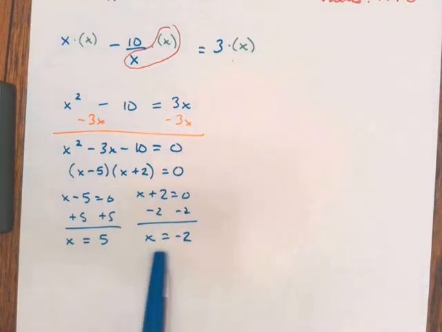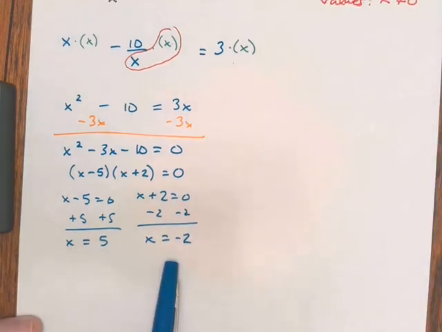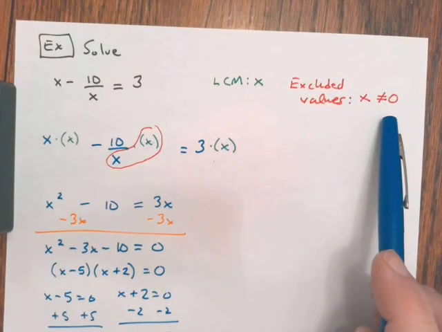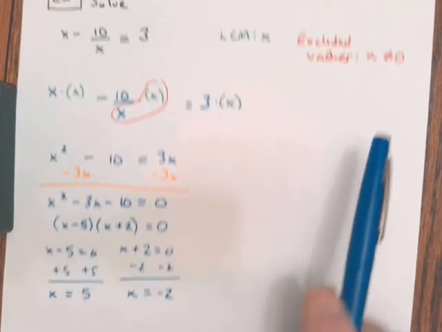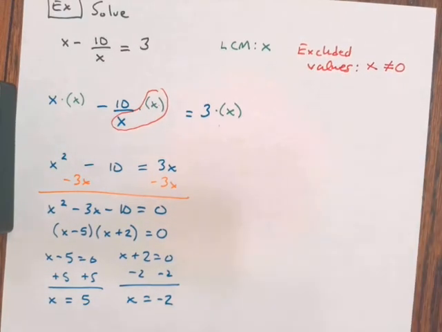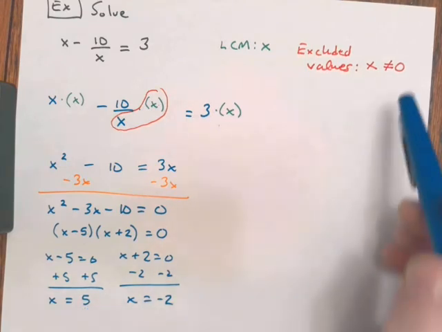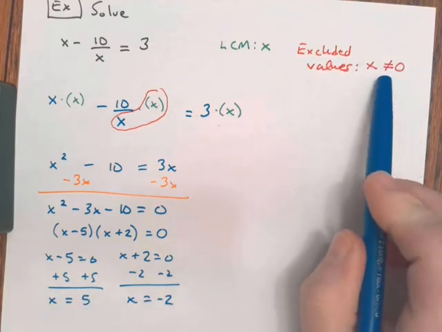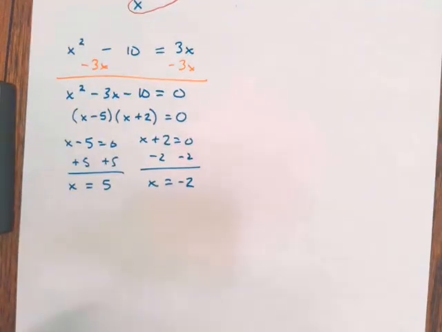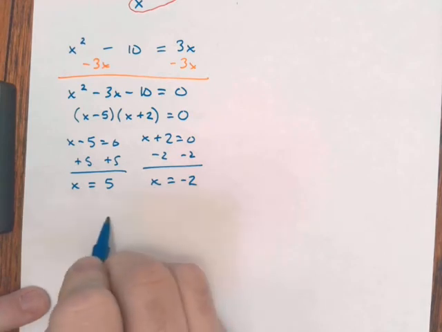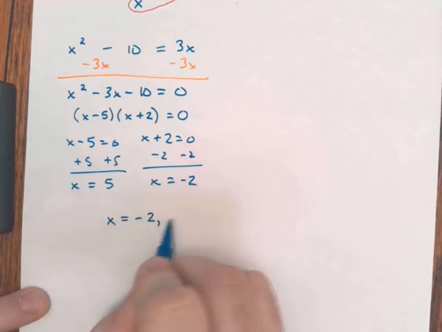So we need to cross-reference these possible solutions that we have with our excluded value or values. And if any of our solutions are on that excluded value list, then we need to get rid of those off of our final answer. But the only excluded value we have is 0. 0 is not one of the possible solutions. So both of these would be included in our final answer.